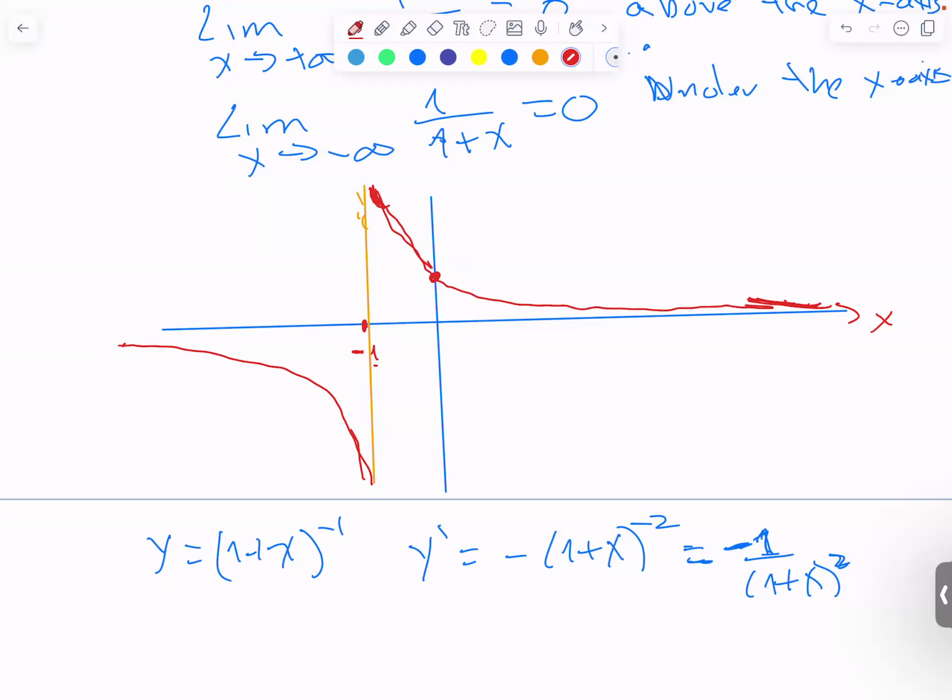Here we already have the graph because I know with high probability that the second derivative is gonna be concave down from negative infinity to -1, and concave up from -1 to positive infinity.